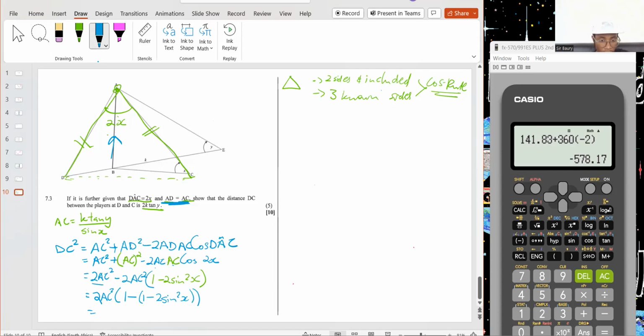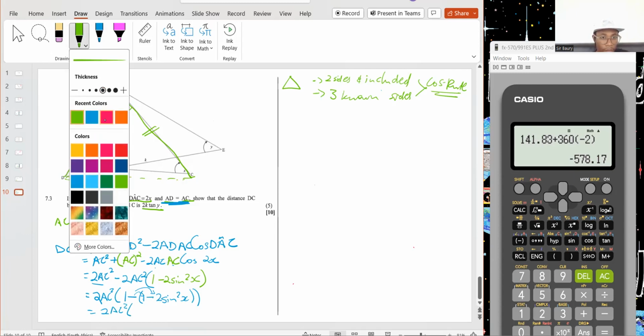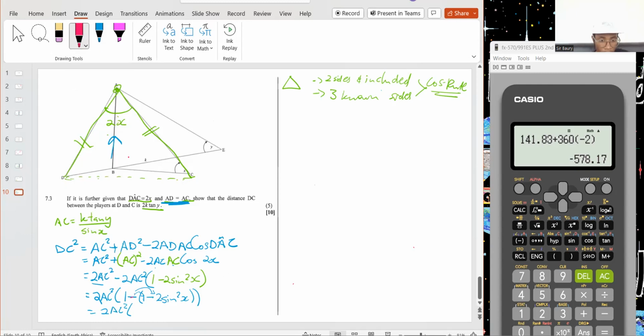This one is going to multiply this, so it's going to cancel out. So I have 2AC squared, then negative times negative is going to be positive. So I have 2 sine squared x. So DC squared is equal to 2 times 2, that's 4, AC squared sine squared x.